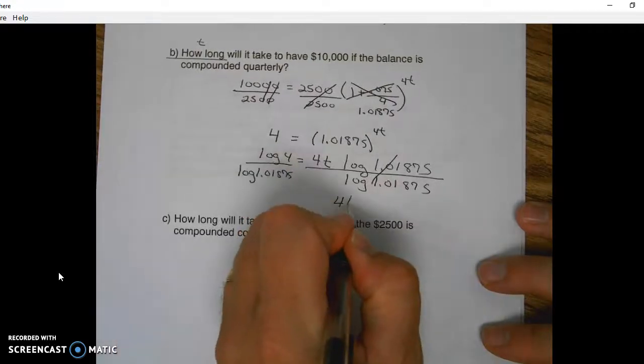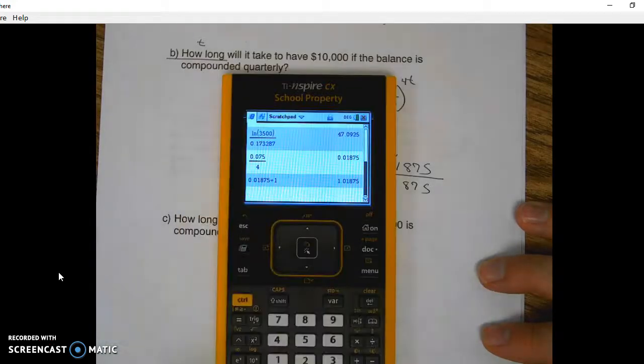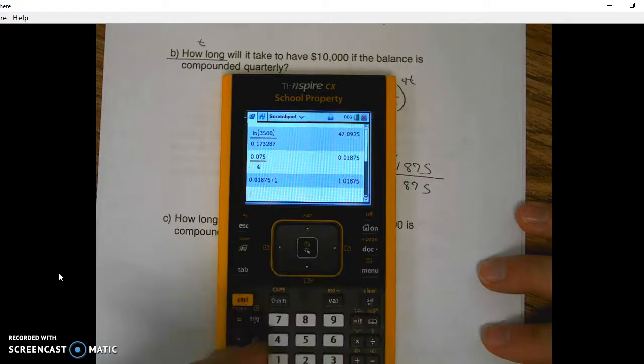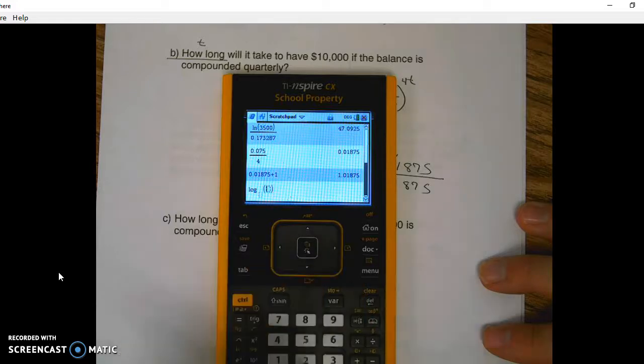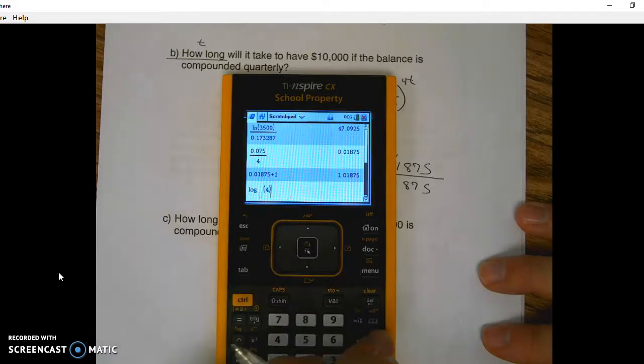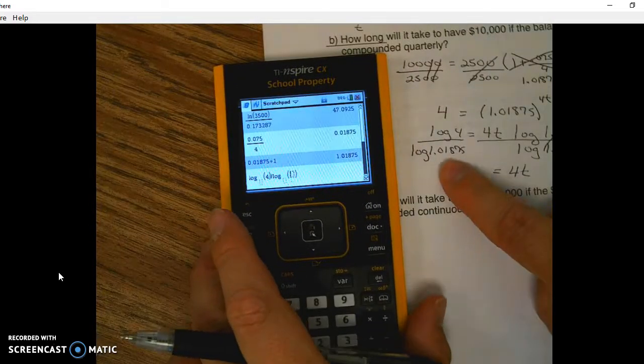So we get 4t equals log of 4, it's base 10, so we don't have to put the number in there, divided by this long decimal.